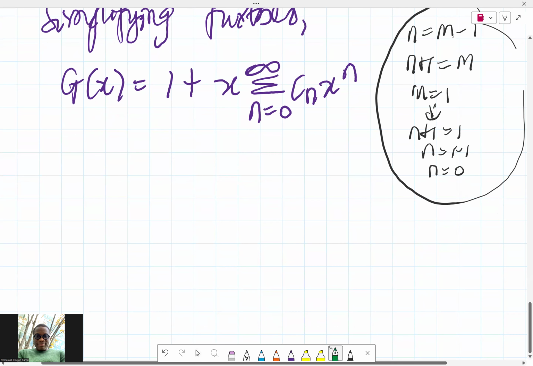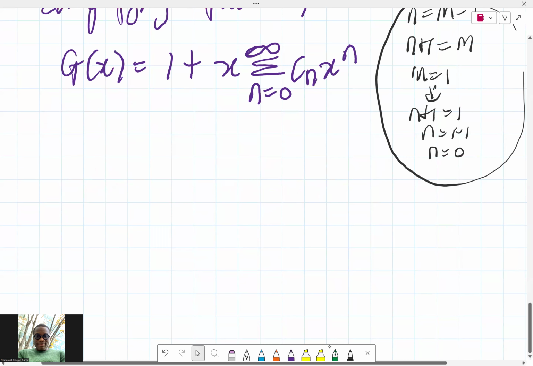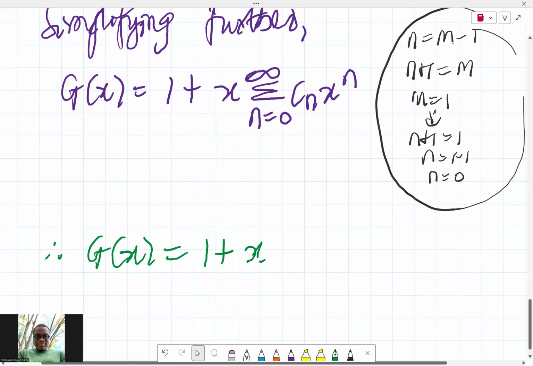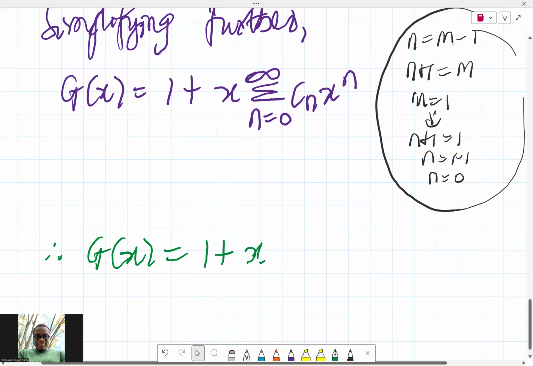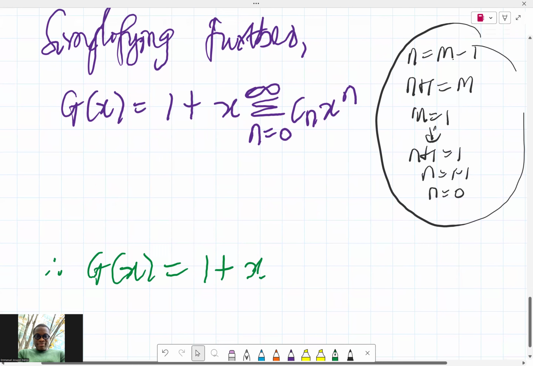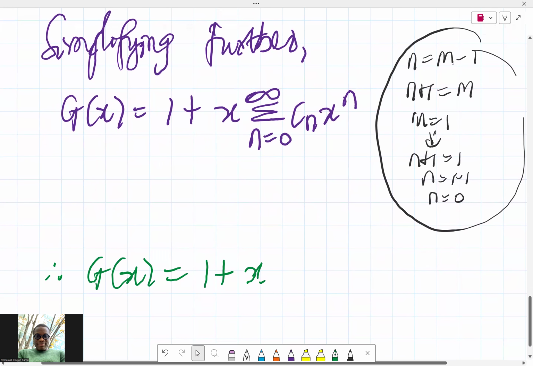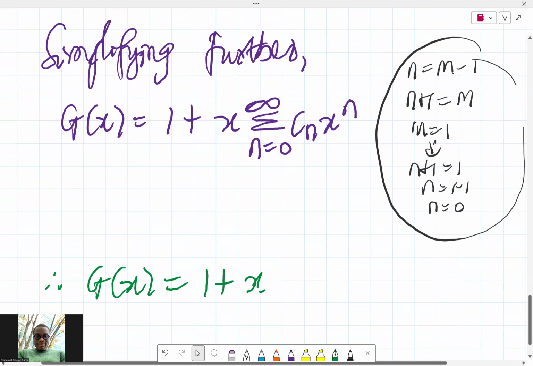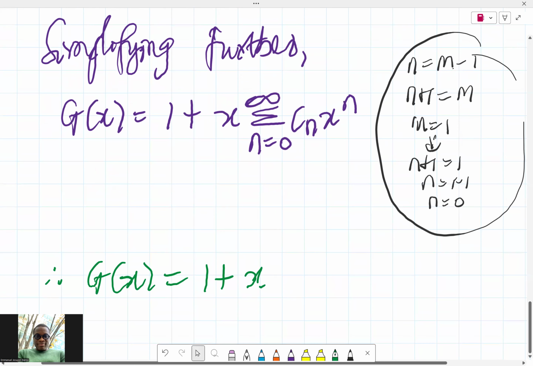Now we can move on and say that therefore g of x is equal to 1 plus x, 1 plus x g of x squared.